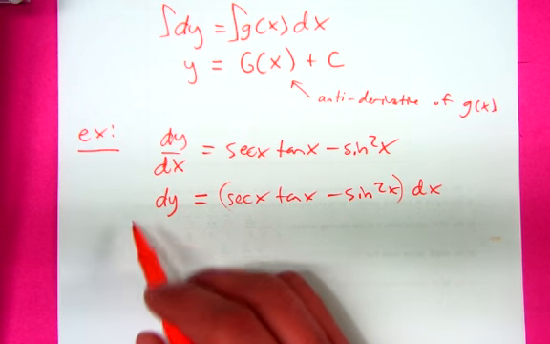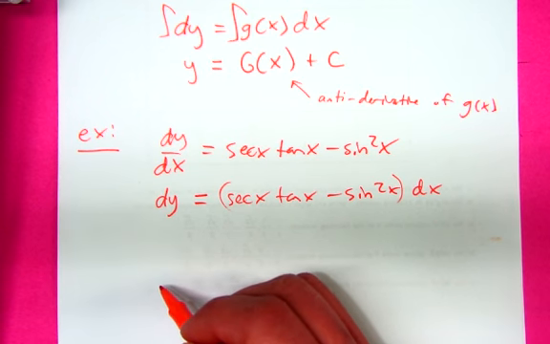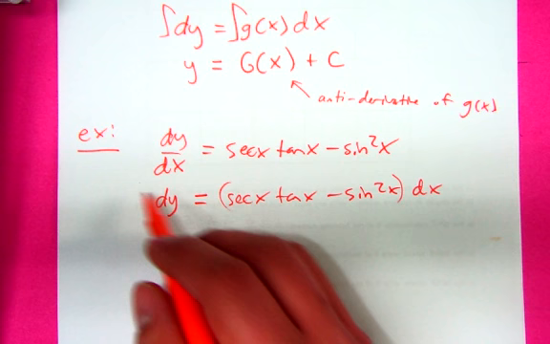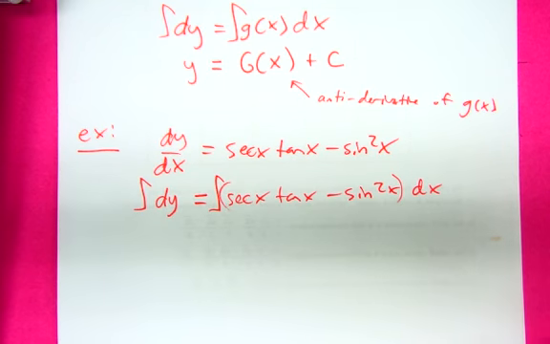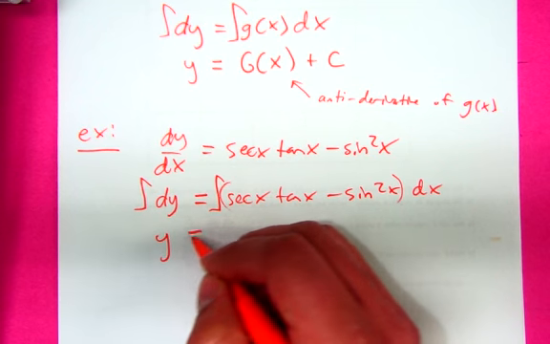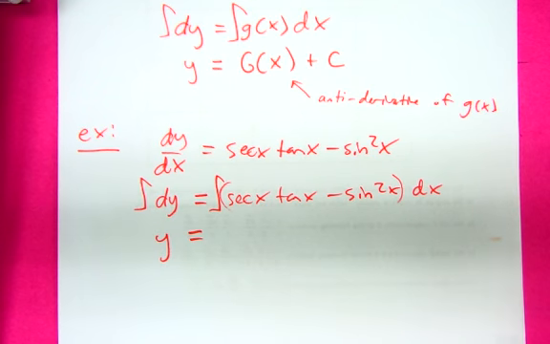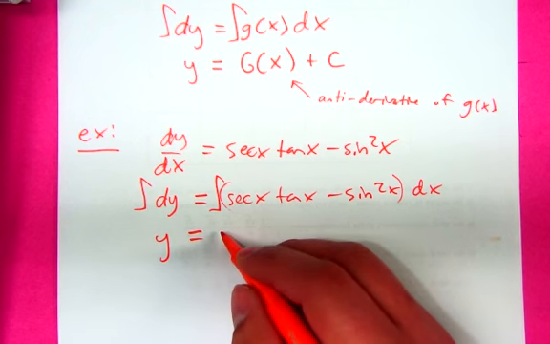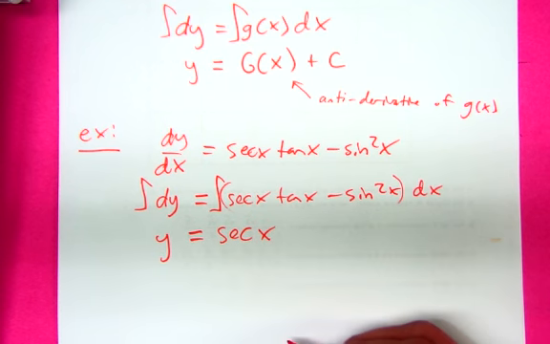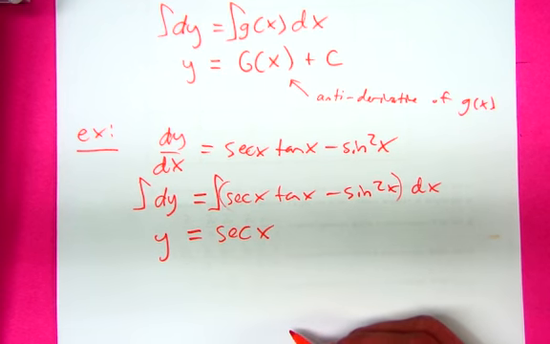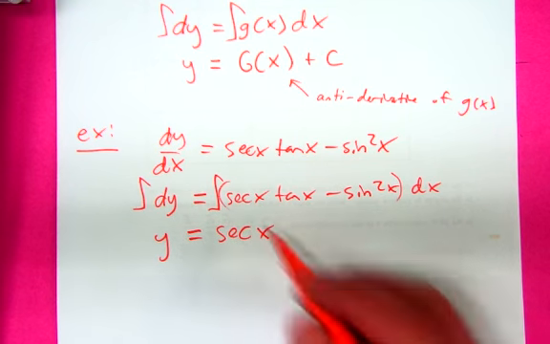And then you integrate, so the answer is secant x. That's the antiderivative of secant tangent, right?